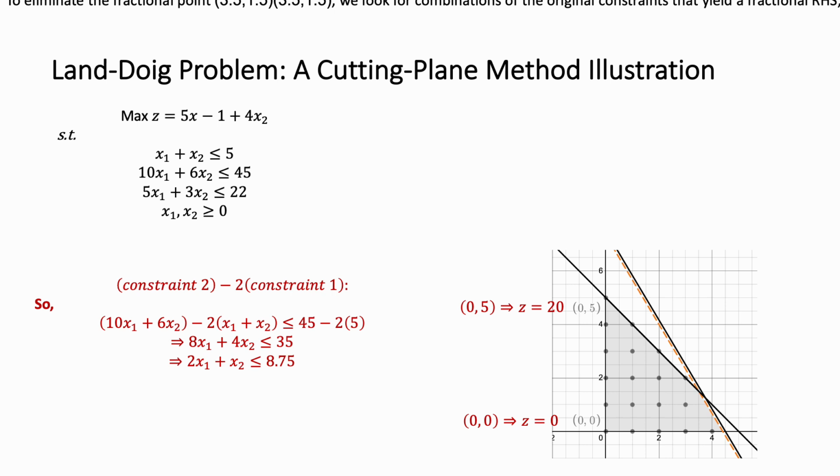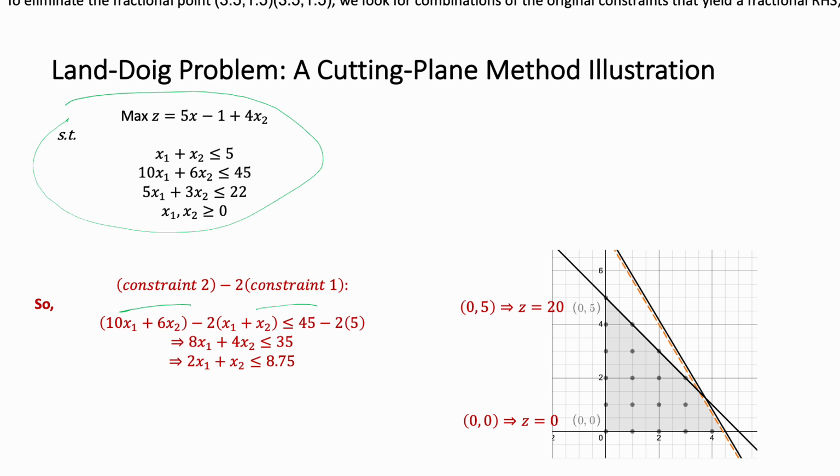Okay, so there are many ways to do this. So one way is to subtract. So you have to study the problem well. So one way is to subtract constraint twice. Okay, we subtract twice of constraint 1 from constraint 2.